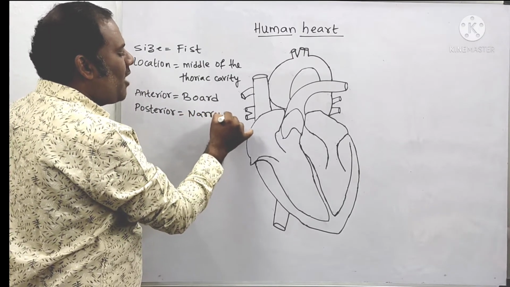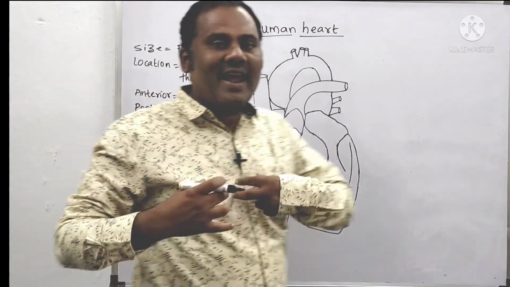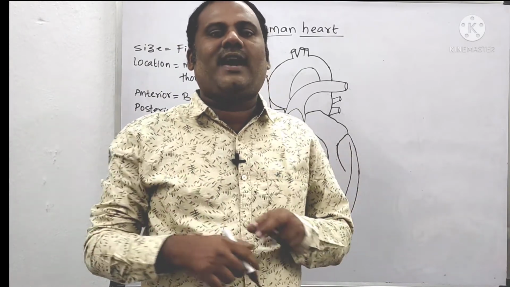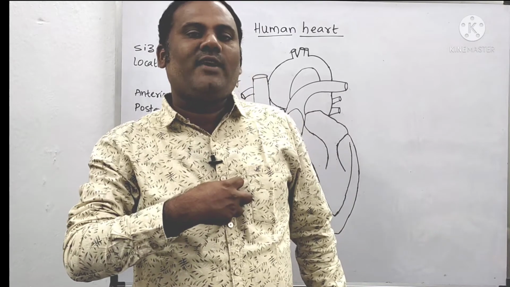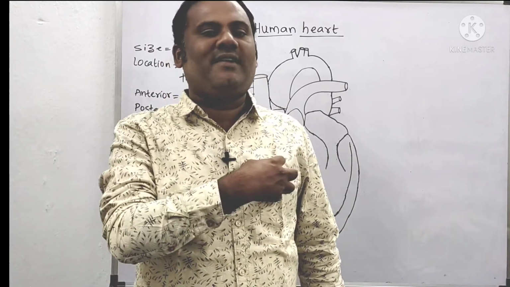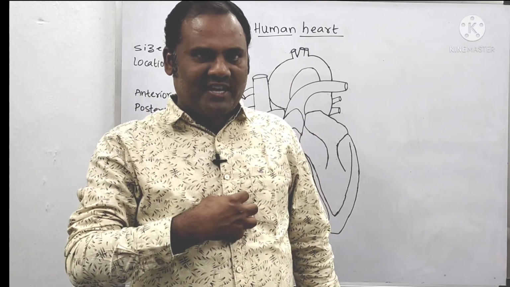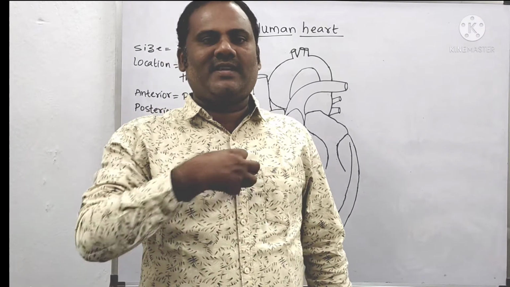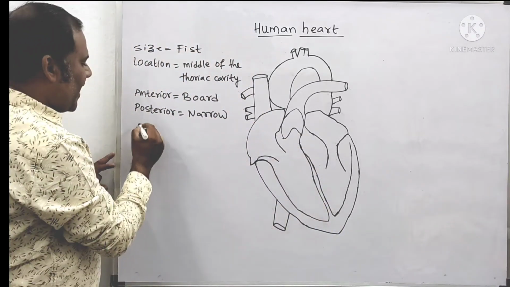It is slightly tilted towards the left side. Ante koncham left side ki ongi untundi. Not completely left side. The down portion, the posterior portion of the heart, is slightly tilted towards the left side, but it is exactly in the middle.